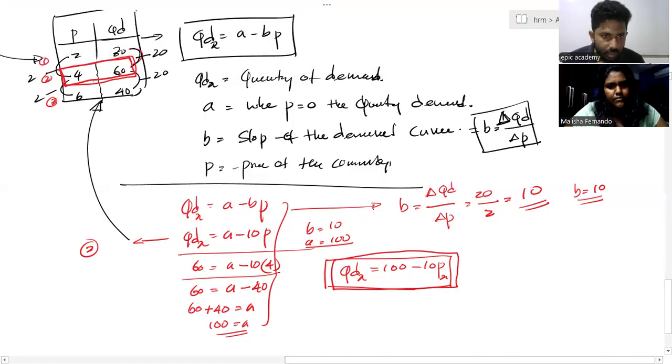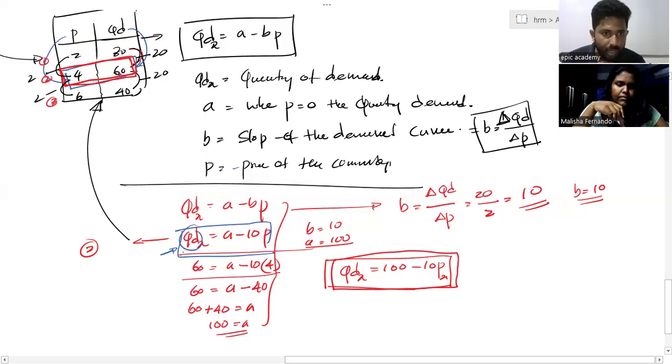In this second step, we put the value for B. And now we select one option from this schedule. In this schedule, you know that the values for QD and P are already here. We are going to put the selected values into the equation.